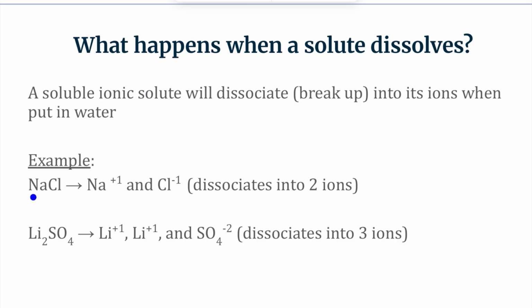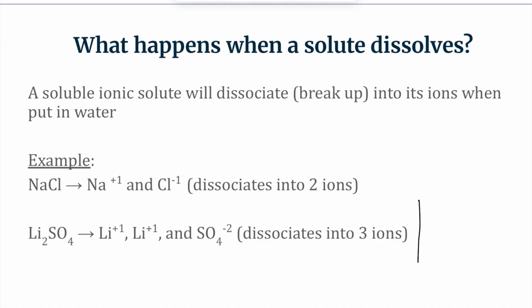So an example would be sodium chloride is soluble. So it is going to split up into the sodium ions and the chloride ions, so dissociating into two ions or two pieces. Something like lithium sulfate, which is soluble, would dissociate into two lithium ions, lithium plus one, and one sulfate ion.